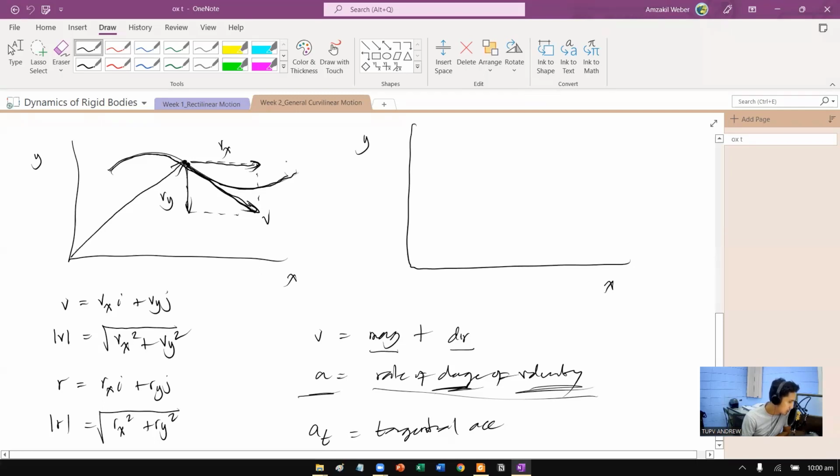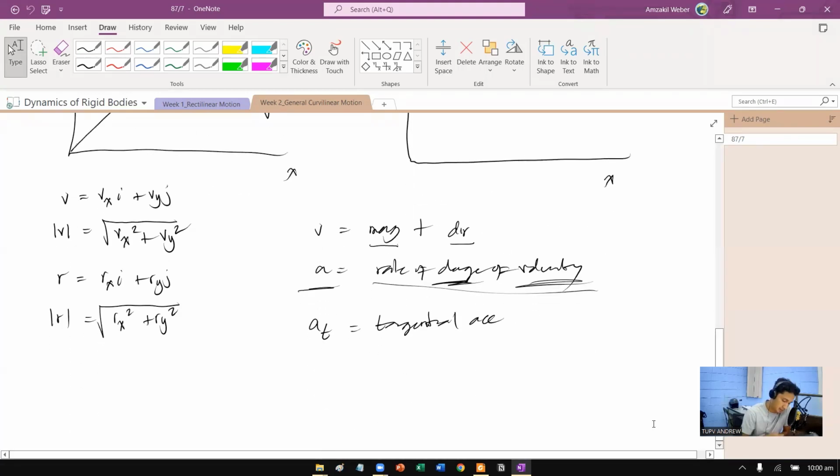Therefore, there is still acceleration. And what is that type of acceleration? It is not tangential. For the time being, let's call it normal acceleration. So normal acceleration is responsible for the change in direction.